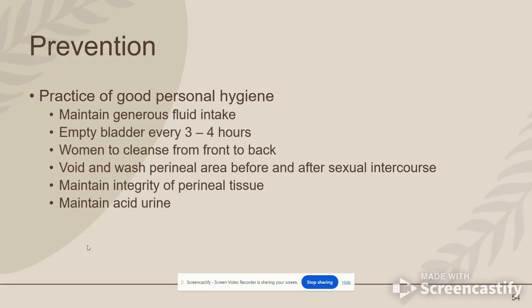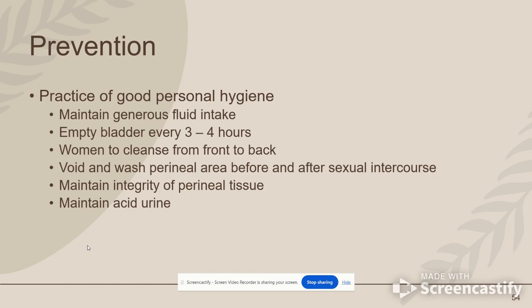So prevention is one of the biggest things. Practice good personal hygiene, maintain generous fluid intake, empty bladder every 3 to 4 hours. Women need to make sure they cleanse from front to back, void and wash the perineal area before and after sexual intercourse, maintain integrity of perineal tissue, and maintain acid in the urine.